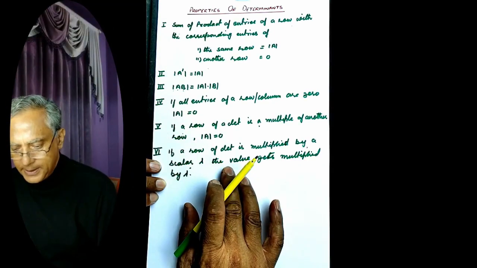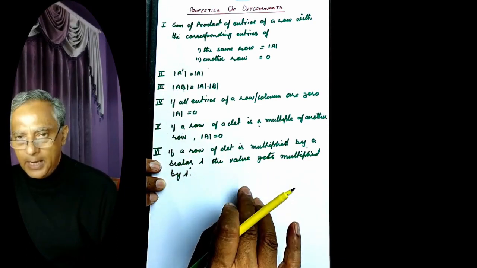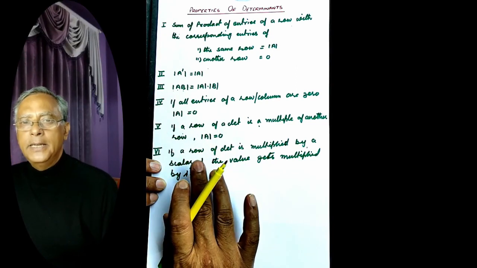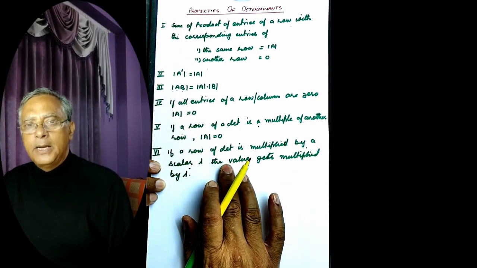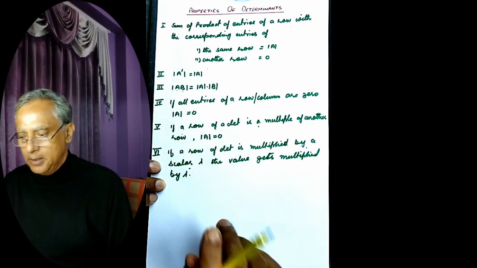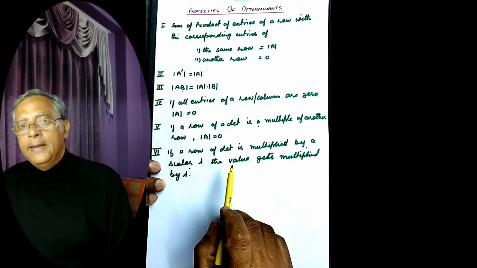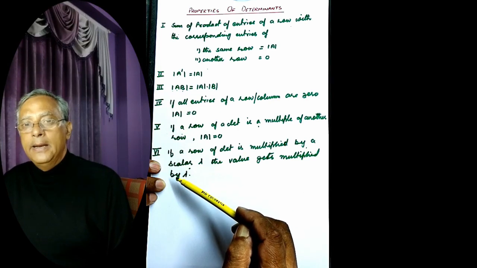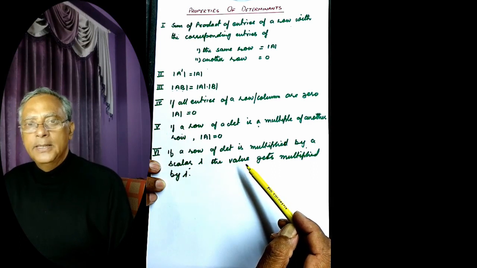Now the next property is, if a row of a determinant is multiplied by a scalar lambda, that is, if any row is multiplied by lambda, the value of the determinant gets multiplied by lambda. In case of matrices, if you multiply a matrix by lambda, all the entries get multiplied by lambda. Now here, if we multiply each and every row by lambda, the value of the determinant will get multiplied by lambda into lambda into lambda in case of a 3 cross 3 determinant.